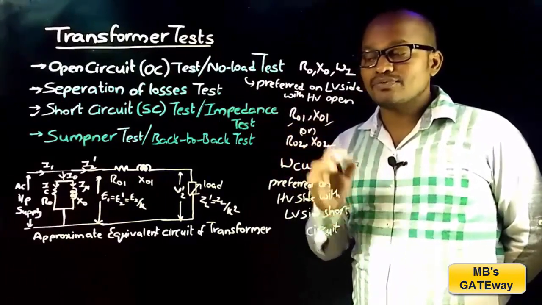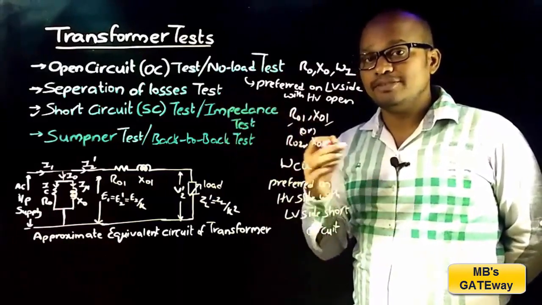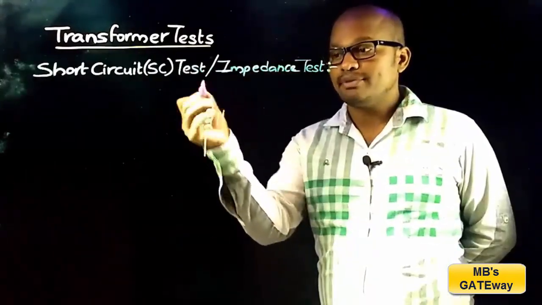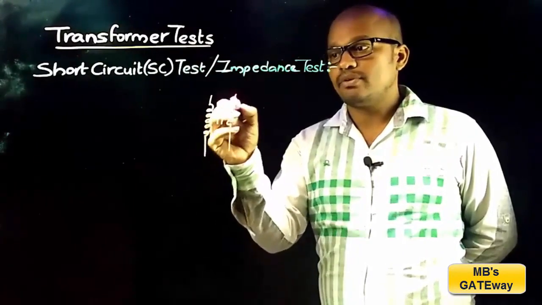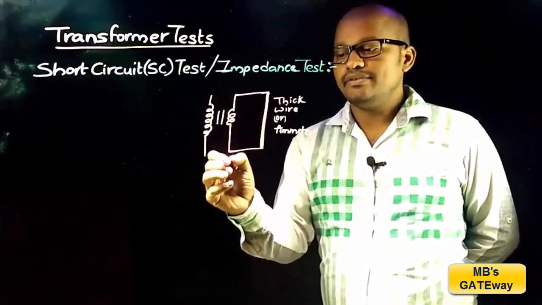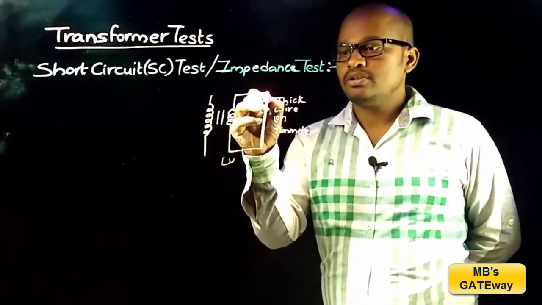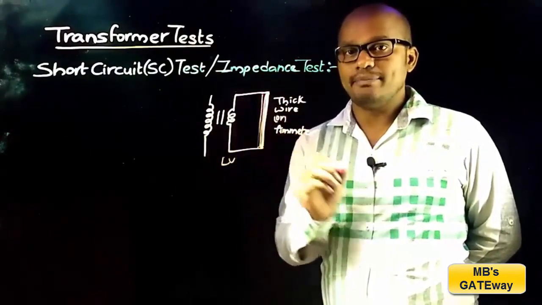And let's also discuss why UPF wattmeter is to be used in short circuit test to measure the input power. Short circuit test is preferred to perform on HV side of the transformer with LV side short circuited. LV side of the transformer is short circuited with a thick wire or ammeter.